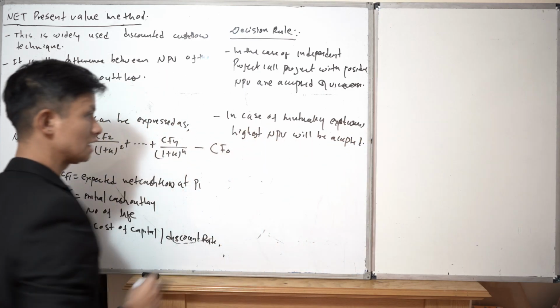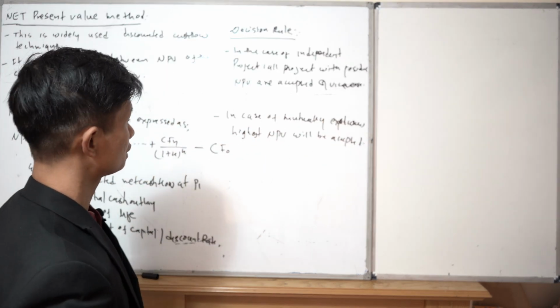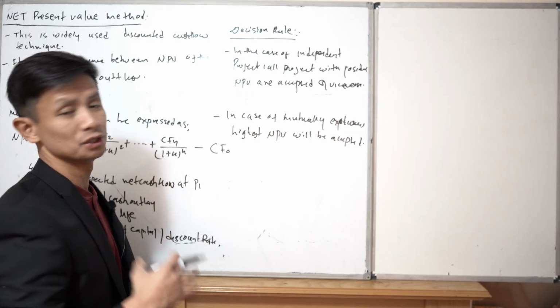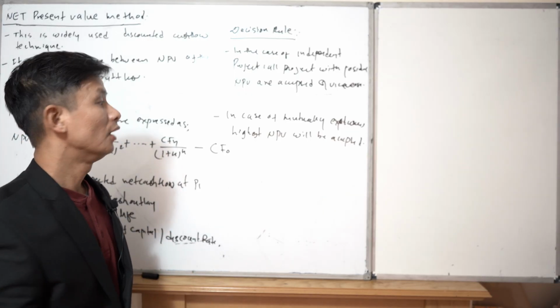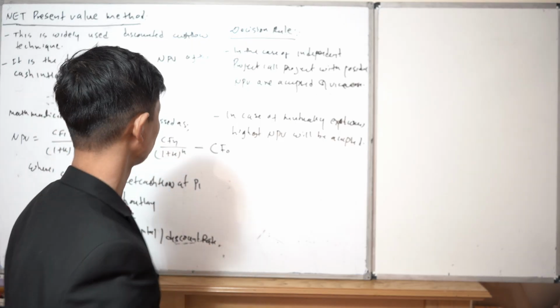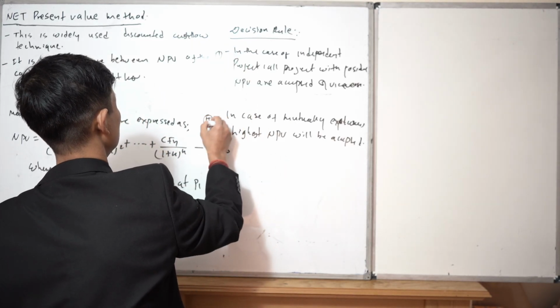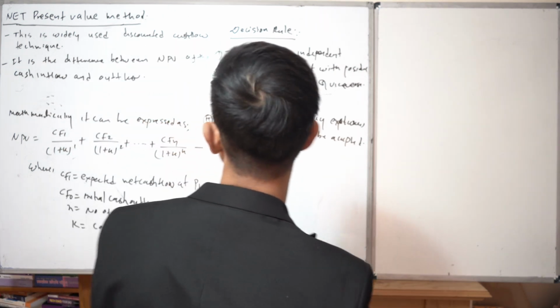So in case of mutually exclusive projects, only the project that has the highest net present value as compared to project number 2 is accepted. So these two are the main decision rules of the net present value method.